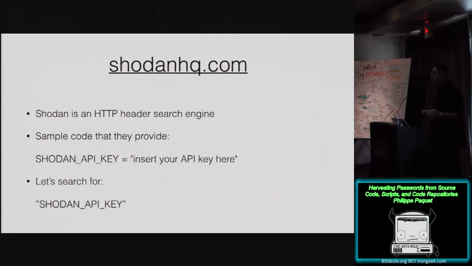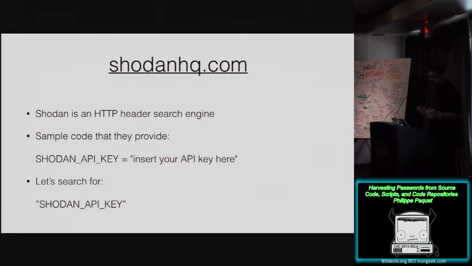Shodan HQ. Shodan is an interesting example because it's a tool really geared towards the security community. It's a search engine that allows you to search in HTTP headers. What that allows you is to find and identify devices on the internet. If you want to search for a specific brand of router, you can use Shodan for that. Because it's geared towards the security community, you would expect the results to be a lot better.